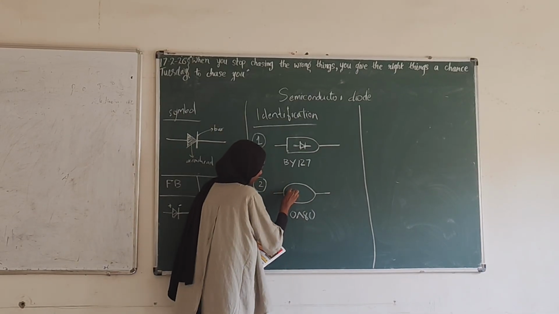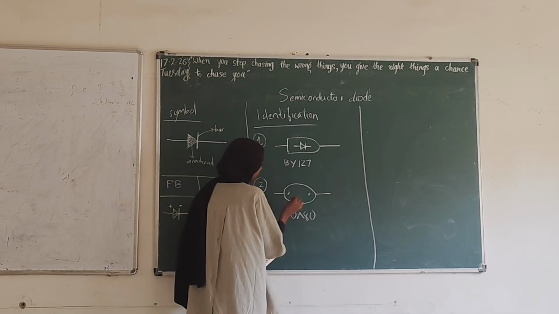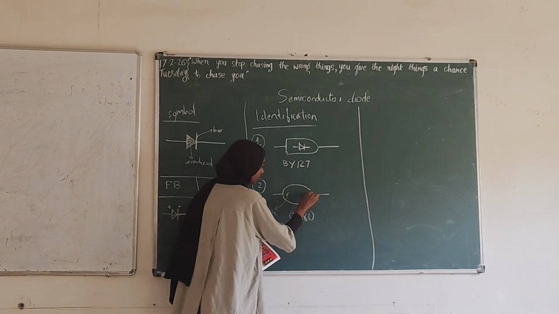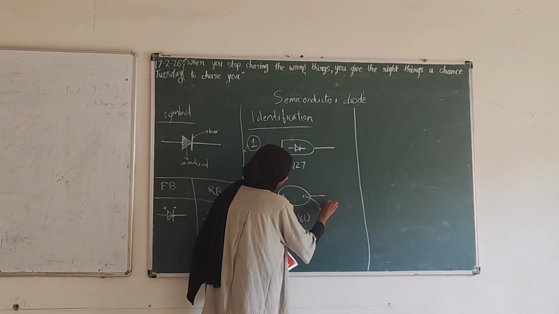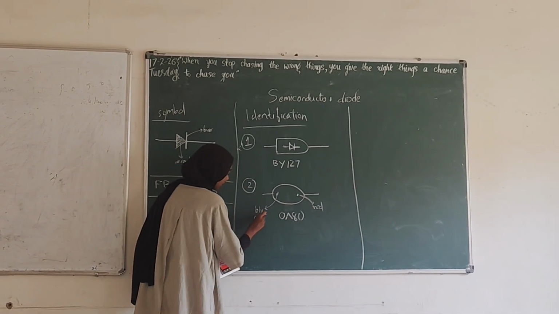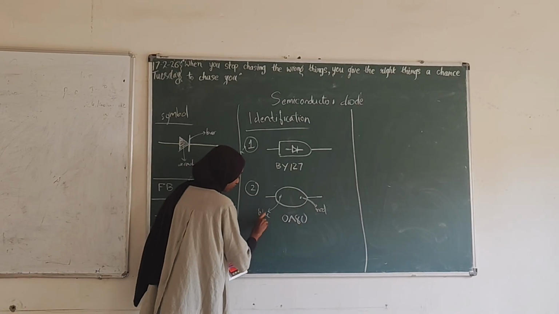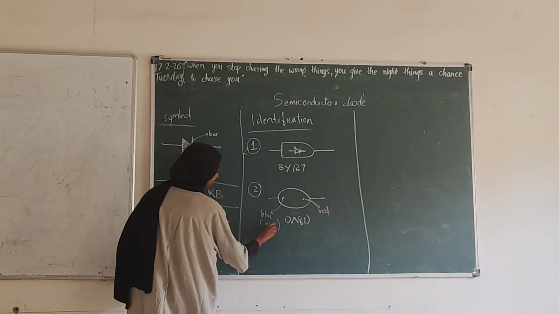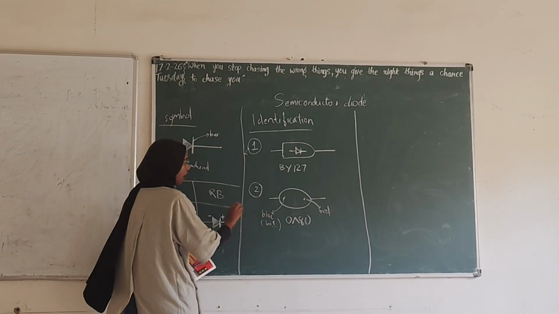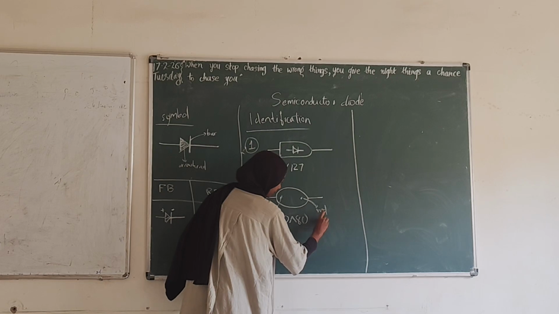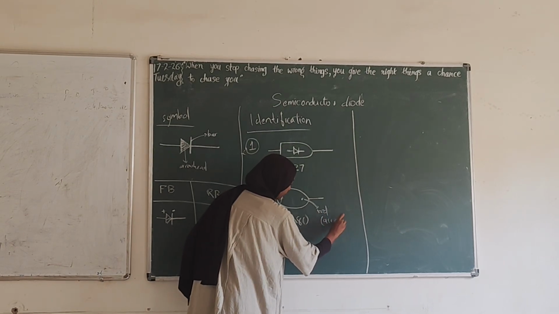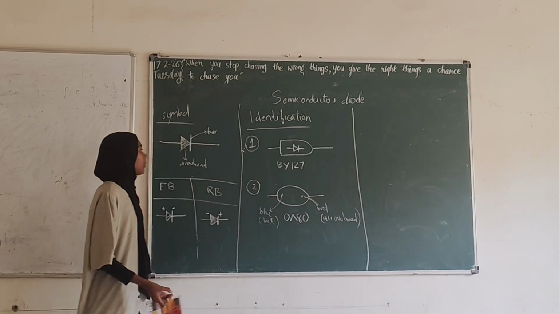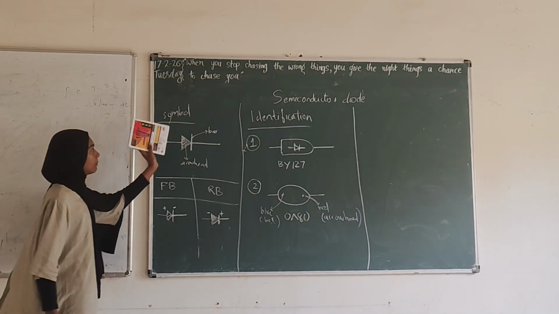In that, two dots will be color dots, where one is blue and the other is red. The blue indicates the bar portion, the line portion, and the red represents the arrowhead. So we can identify the terminals of the diode. So we learned the symbol identification.